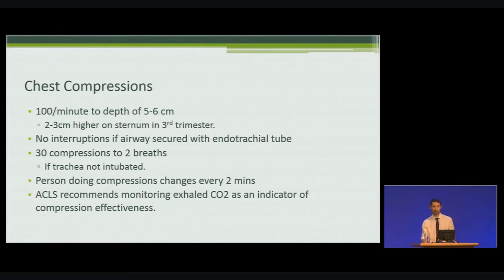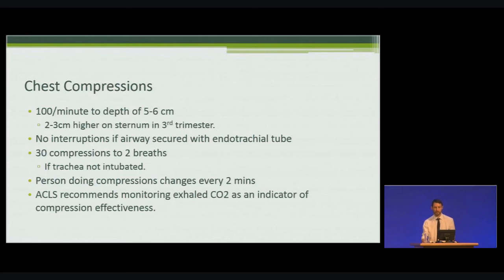If the airway has not been secured with an endotracheal tube, the ratio is 30 compressions, then a brief pause where you administer 2 breaths, and then continue with your 30 compressions at a rate of 100 per minute. It's recommended that the person doing the chest compressions should change every 2 minutes, because if you're doing it effectively and at a rate of 100 per minute, it's very tiring.